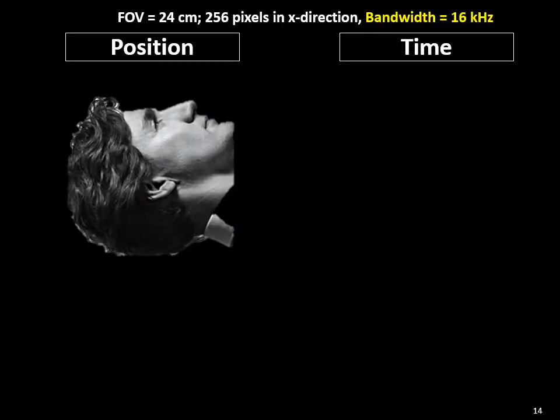Let's look at the same example, but with a changed bandwidth. So we're going to change the bandwidth from 32 kilohertz to 16 kilohertz and work through the mathematics with a 16 kilohertz bandwidth. So here again, we have the head placed inside the scanner.